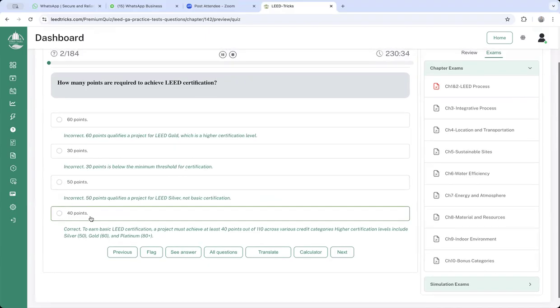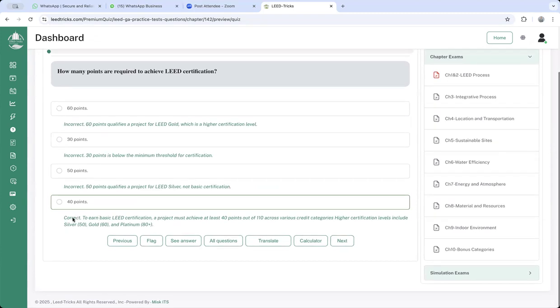He wants to tell you required means the minimum. You can also translate the answer here. The minimum is 40 actually, the last one here. And it explains here what the rates are. From 40 points out of 110 points, you can get the LEED certified level. Of course, if you get higher, like silver 50, gold 60, and platinum 80 plus.